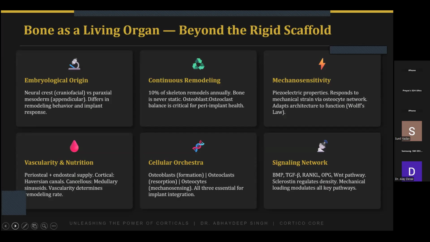There is bone remodeling going on in your body all of the time. 10% of your skeleton remodels annually. Imagine 10% of all the bone in your body gets changed every year in everybody without any exception. This rate might be a little higher or lower in adults or in children, or if there is any kind of metabolic disorder.